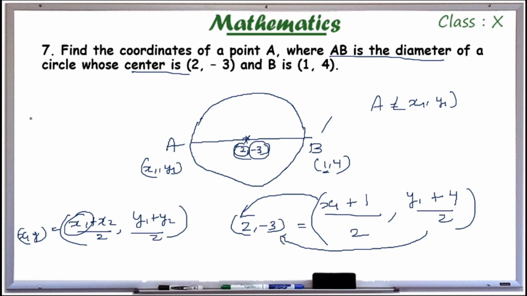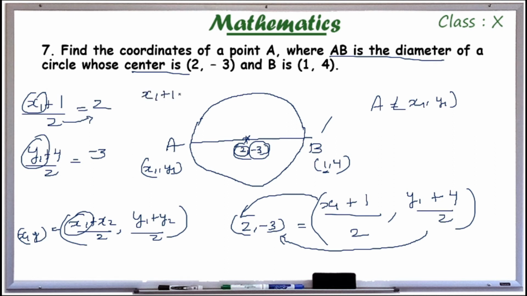Now you have to find x1 and y1 from this. So simply multiply 2 to the right side. Here 2 is divided, so when I bring 2 to the right side, 2 gets multiplied.